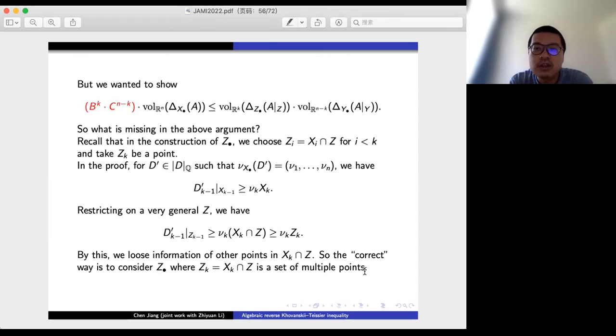So to do this, we need to find a modified version of the Okounkov body and find some related equality on the volume.